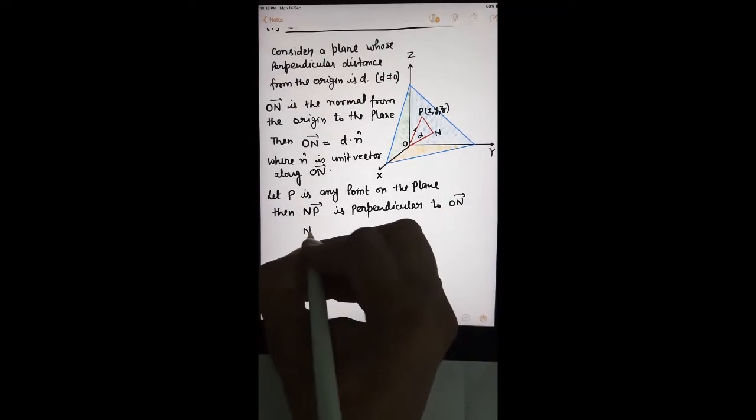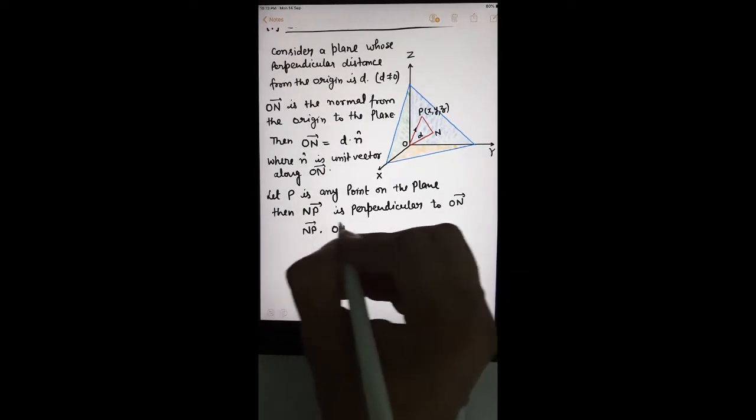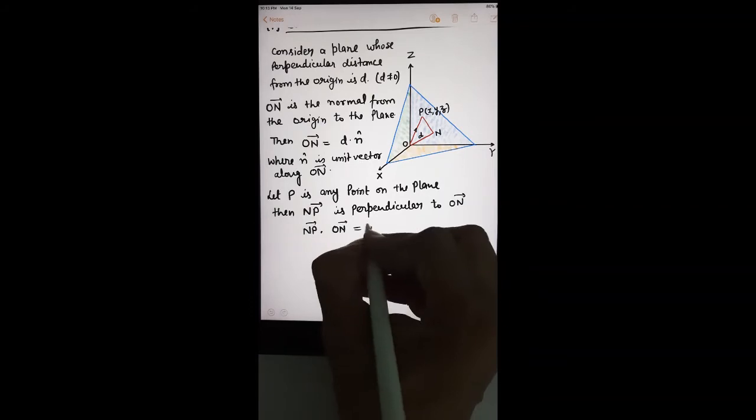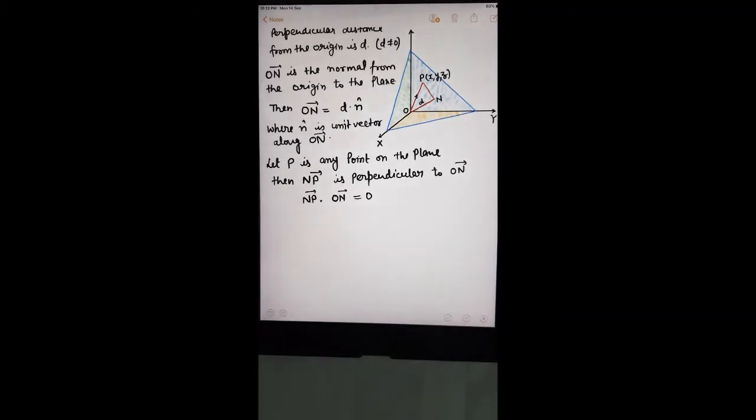So NP dot ON, the dot product of these two vectors will be 0 because these two vectors are perpendicular to each other. If two vectors are perpendicular to each other, then their dot product is 0.